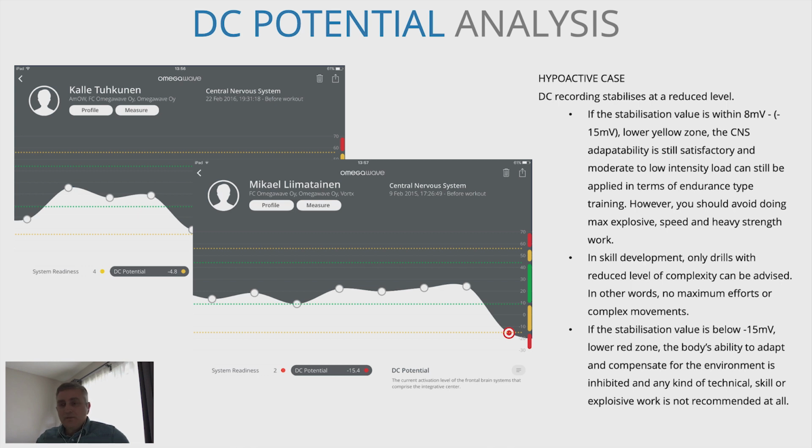So the optimal state for explosive and highly technical activities will be above 20 millivolts, and technical work in endurance, let's say where technique is performed in an endurance activity, can be done anywhere above 9 millivolts.